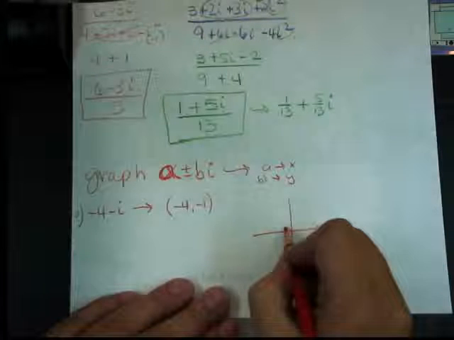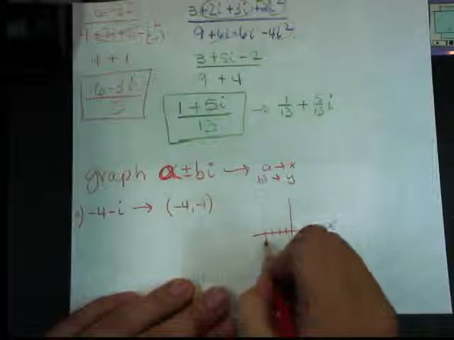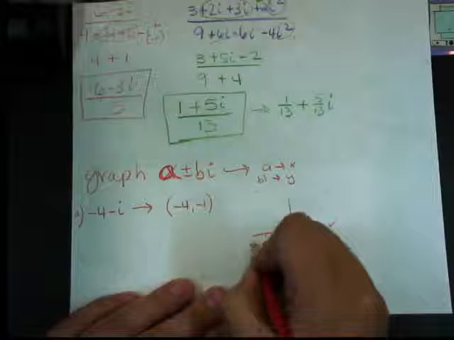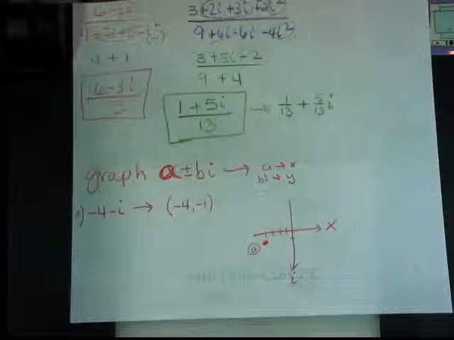But you would just go -4, -1, and there you go.